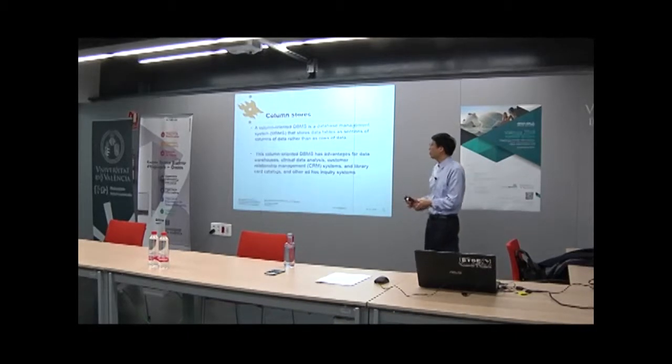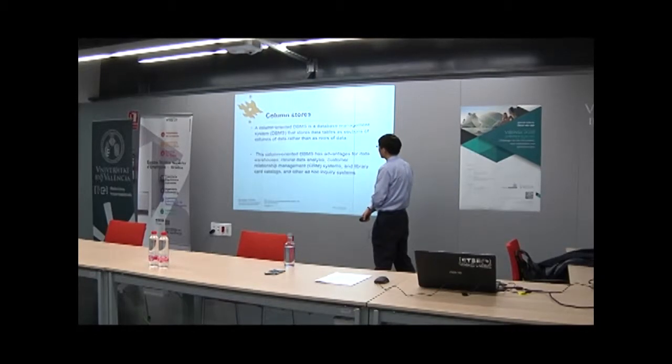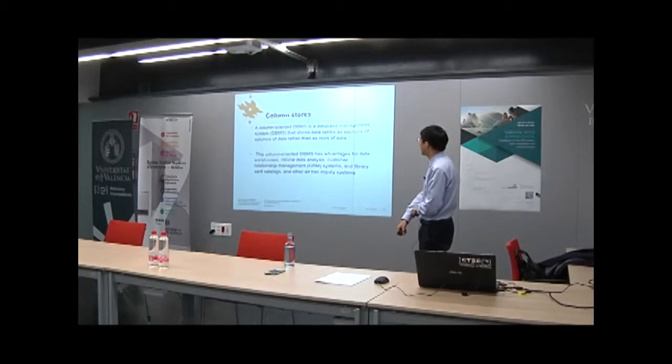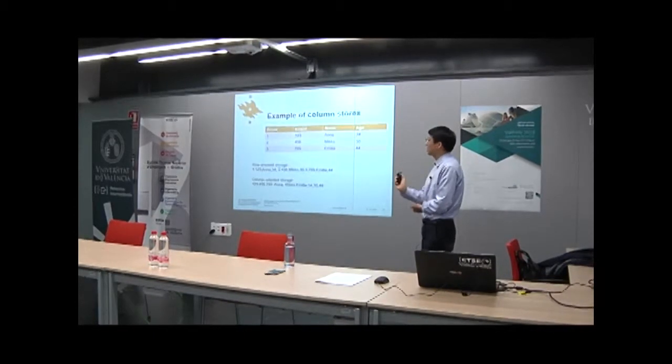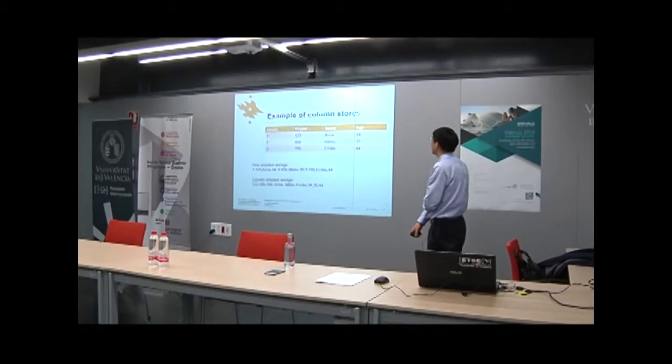A column-oriented DBMS has advantages for data warehouses, clinical data analysis, customer relationship management systems, library catalogs, and other ad hoc inquiry systems. So the column database is mainly used for analysis of the data, because they store data by column, so it's more convenient to get aggregation values for one column.